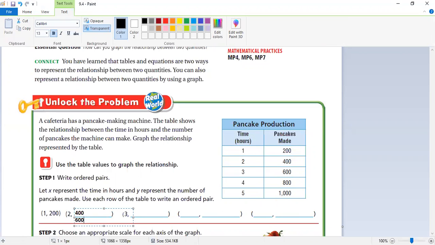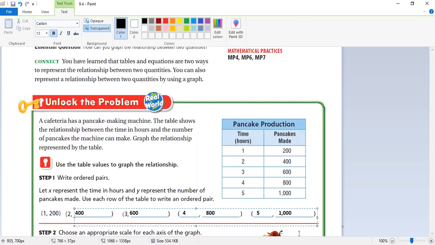Just from the table you need to copy the values, that's it. So for 3 it is 600, and then for 4 they did not give us the pair, so here we write 4, and on the other side we write 800, and here they did not give us the coordinates, so we move and write 5, and the ordered pair is going to be 1000. Just that you have to copy the values from the table.